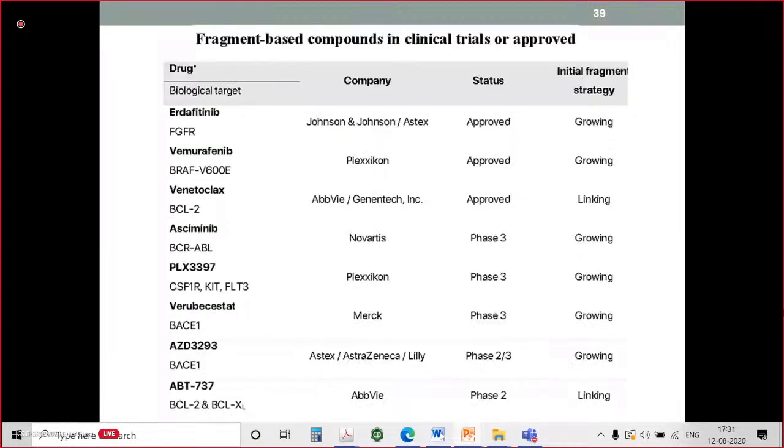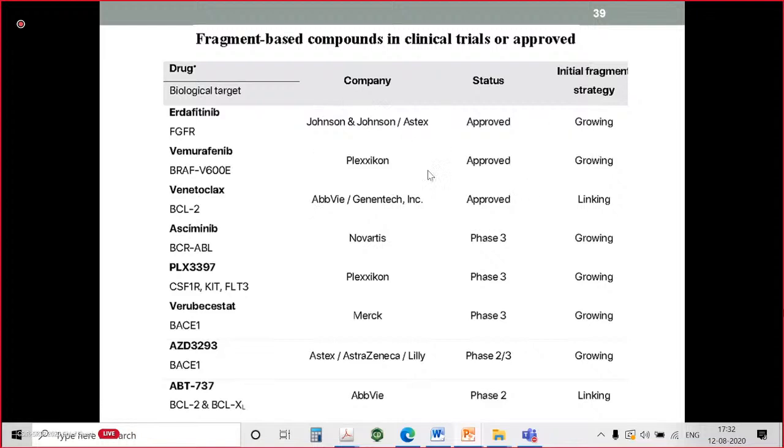In the fragment-based drug design approach, as I told you, almost 30 molecules are under clinical trial. 3 drugs have already been approved by the FDA. These are the 3 drugs: Vemurafenib, Venetoclax, and Erdafitinib. All 3 are approved.